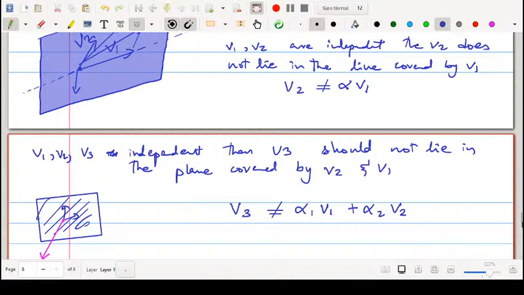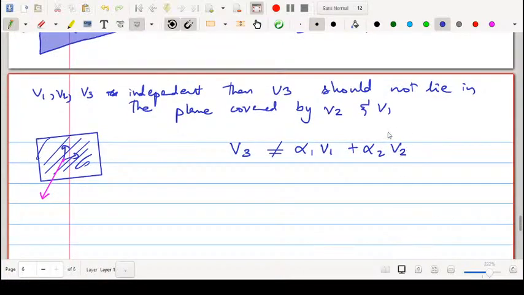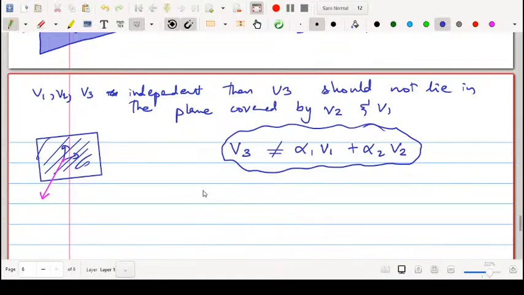Notice that in this condition, if I rewrite this equation as alpha 1 v1 plus alpha 2 v2 and bring v3 to the other side, minus v3 equals 0, what I'm saying is that there should be no combination.